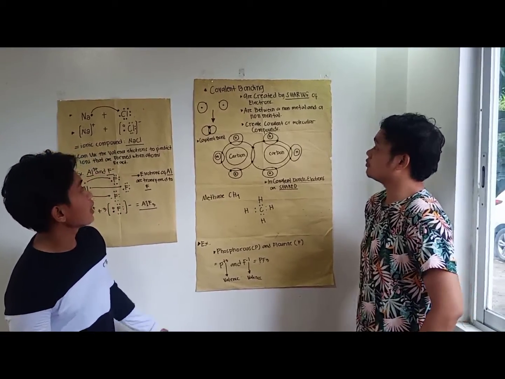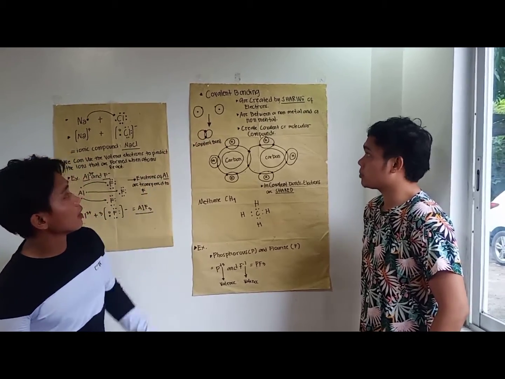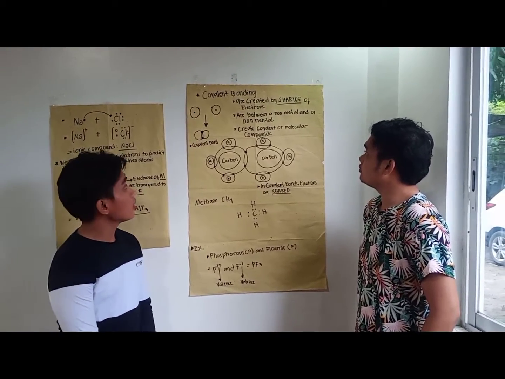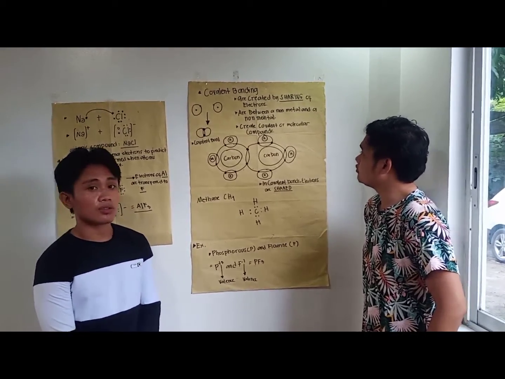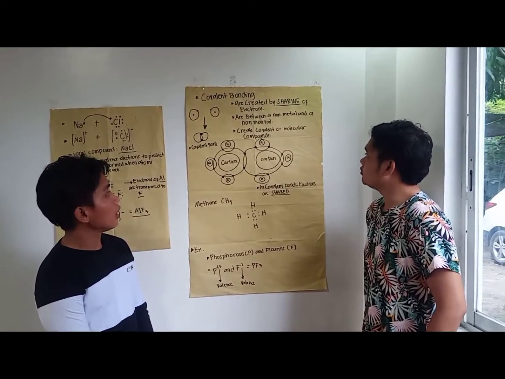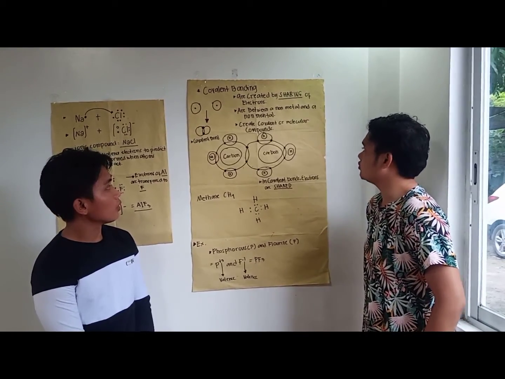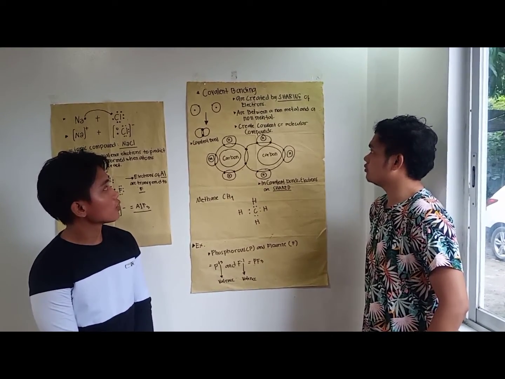This is the other type of chemical bonding, which is covalent bonding. Covalent bonds are created by sharing of electrons between a non-metal and a non-metal, creating covalent or molecular compounds.